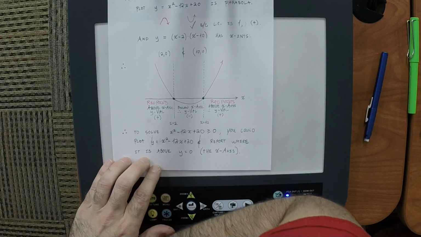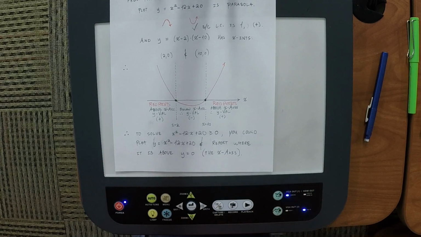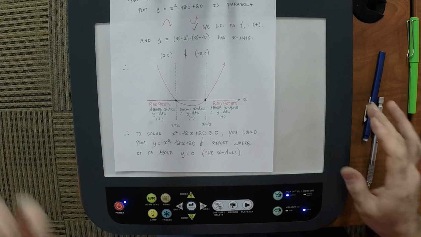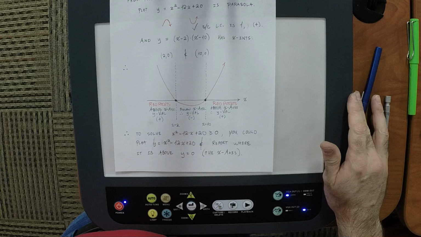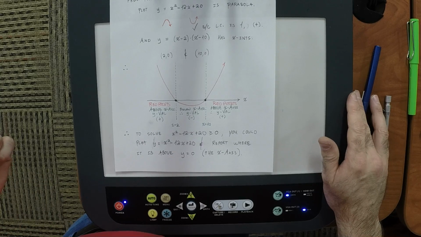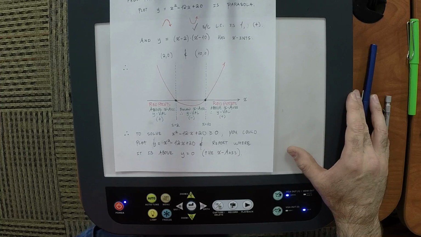Interesting. So the purpose of this remark is to bring it to your attention that there's an entirely separate way to consider the question of a nonlinear inequality. And we're going to do both of them.